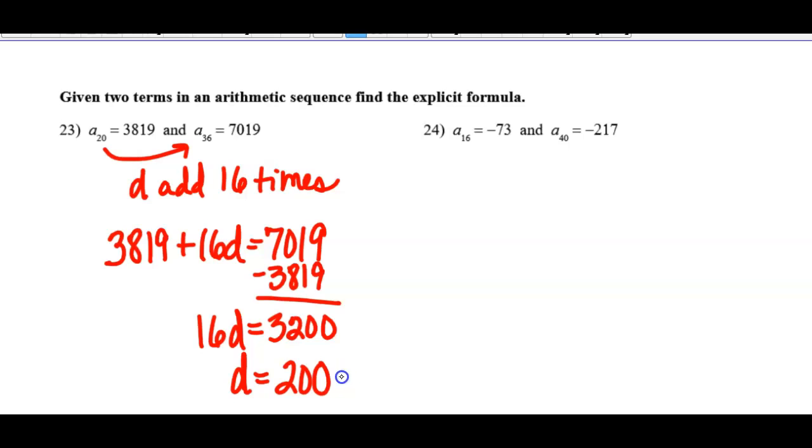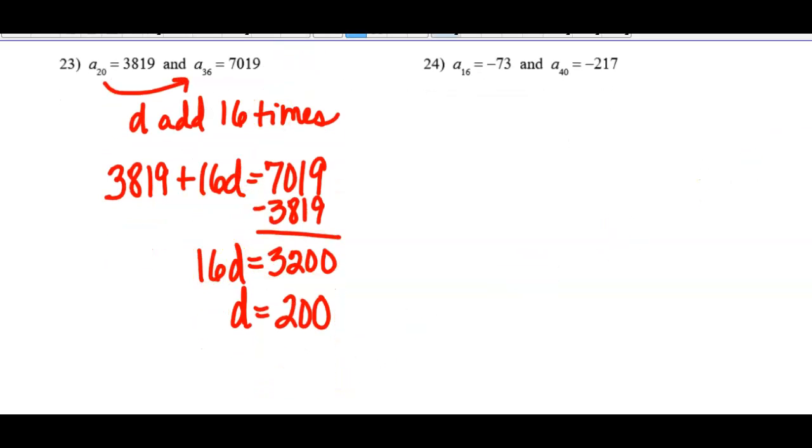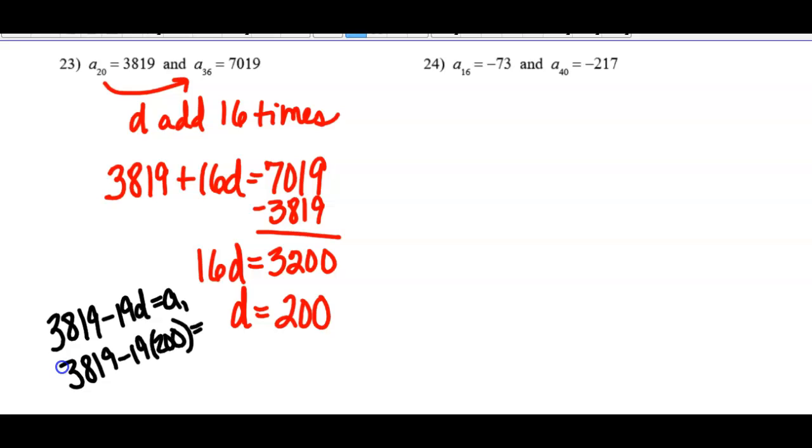Okay, so we still need to know the first term. So we could say the 20th term minus 19 differences would give us the first term. So 3819 minus 19 times 200 would give us the first term, and this turns out to be 19.